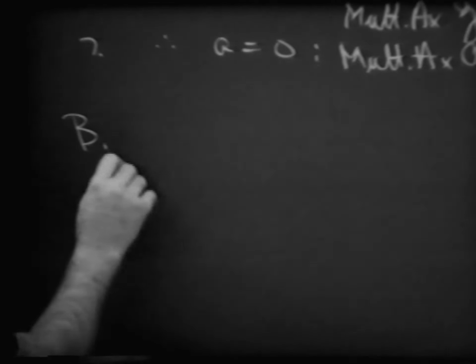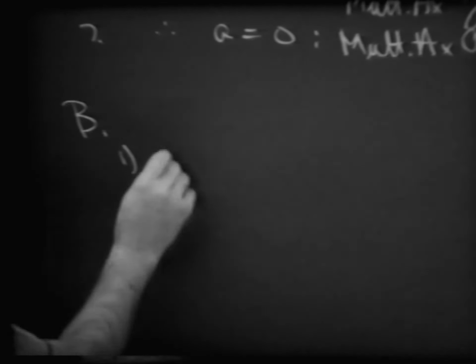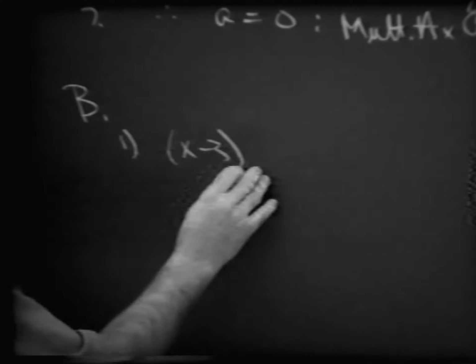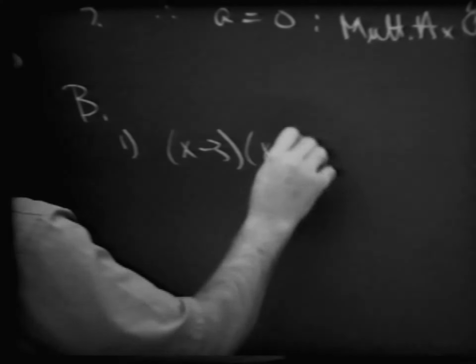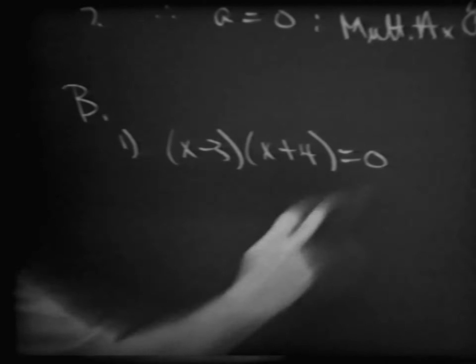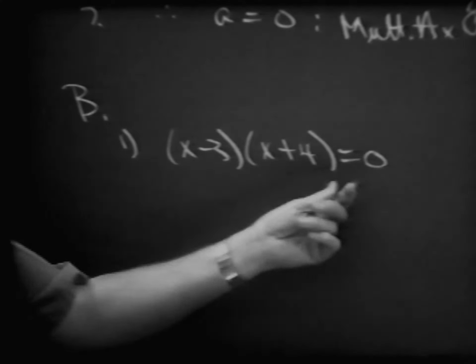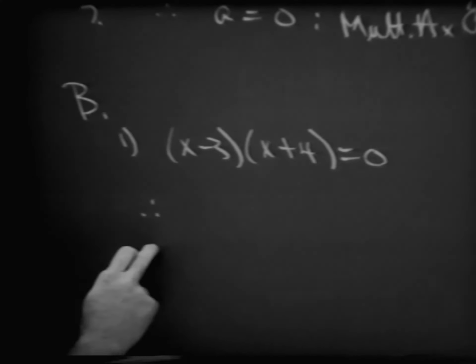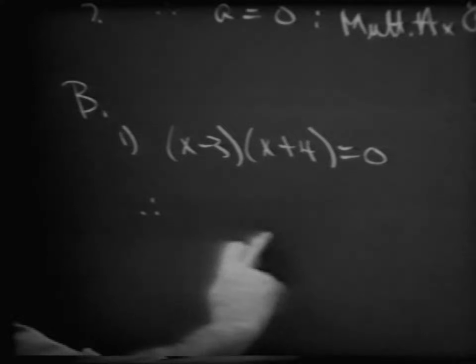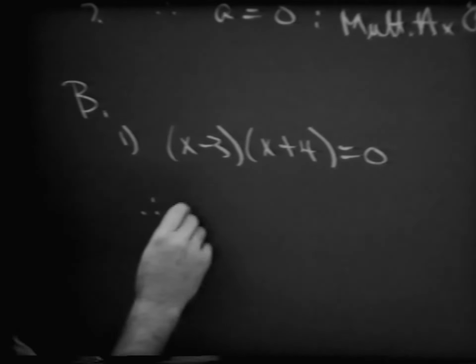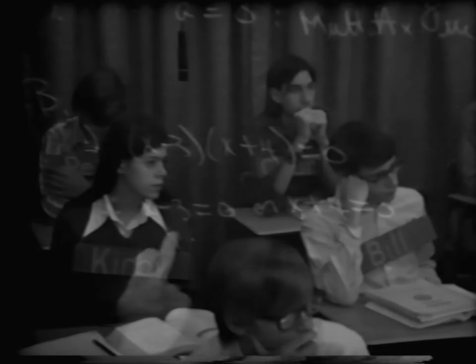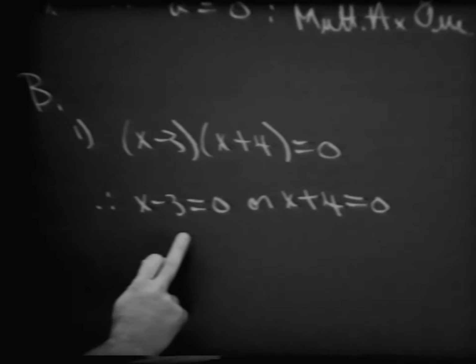For example, suppose we had a very simple little equation such as x minus 3 times x plus 4 is equal to 0. And here we have, if a times b is equal to 0, therefore what is our conclusion? What can we write in our next step? Therefore, x minus 3 equals 0, or x plus 4 equals 0. And notice now we have it broken up into two linear equations, so to speak.